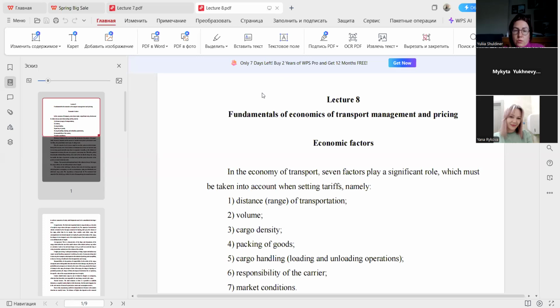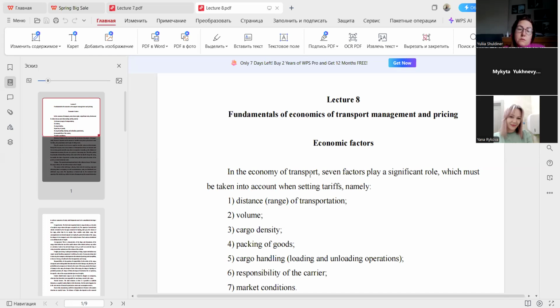Our next topic today is fundamentals of economic transport management and pricing. Economic factors. In the economy of transport, 7 factors play a significant role.